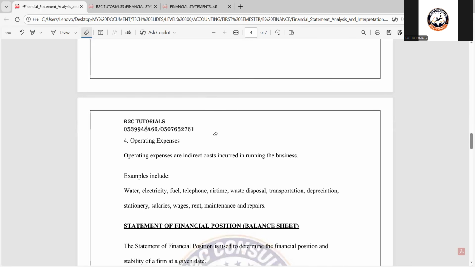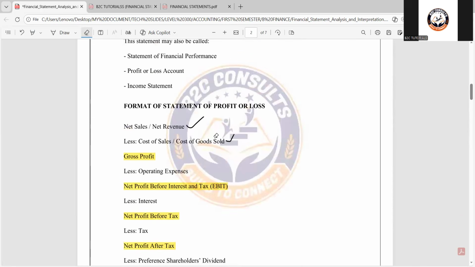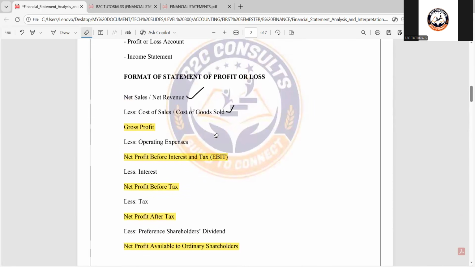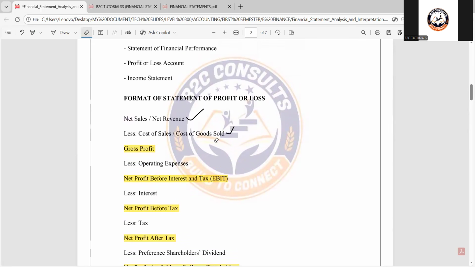Examples are water, electricity, fuel, telephone, airtime, waste disposal, transportation, depreciation, stationery, salaries, wages, rent, maintenance, and repairs. All these would constitute your profit or loss account, otherwise income statement or statement of financial performance.